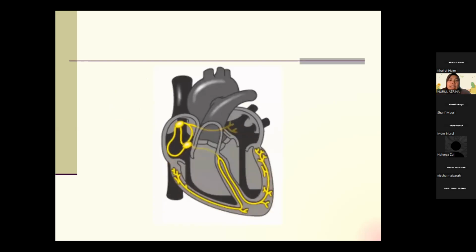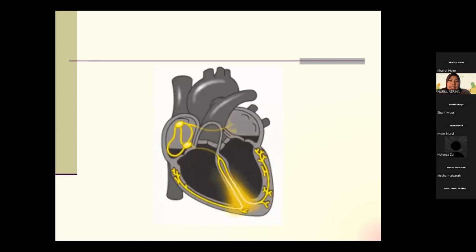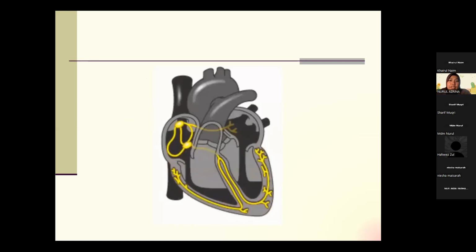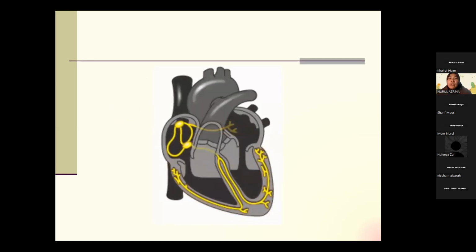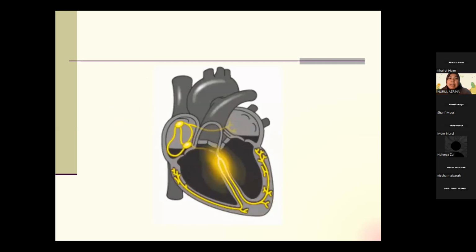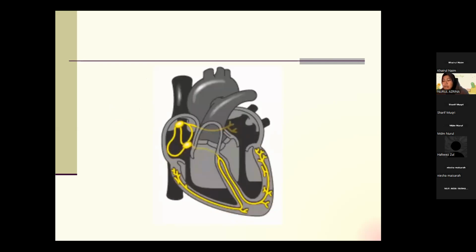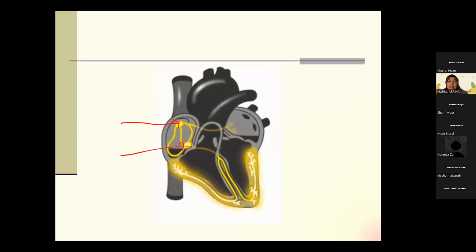Okay, so this is the idea, what you can see, right? So actually our heart has very special features, right? That actually help to stimulate the whole cardiac muscle to contract simultaneously. This is due to the presence of these two nodes, right?